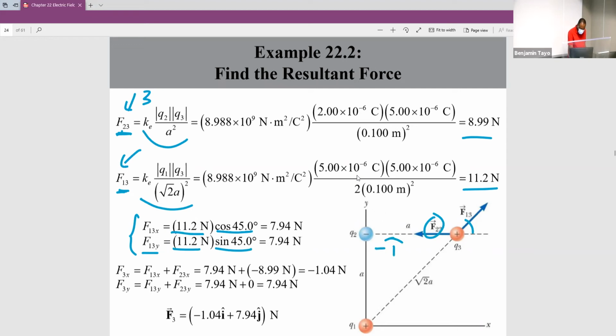So the total force F3x is equal to this value minus that value, and F3y is just this plus 0, because this force does not have any component in the y direction. If you do everything, you end up with this final value right there.